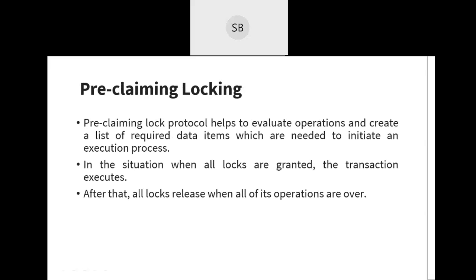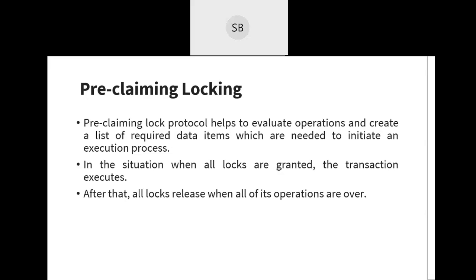Next is pre-claiming locking. This is one more lock based protocol we have. The pre-claiming lock protocol helps to evaluate operations and create a list of required data items which are needed. So you have to think how many shared locks are needed, or the protocol will evaluate your operations and you have to decide how many things are needed. In the situation when all locks are granted, the transaction executes.